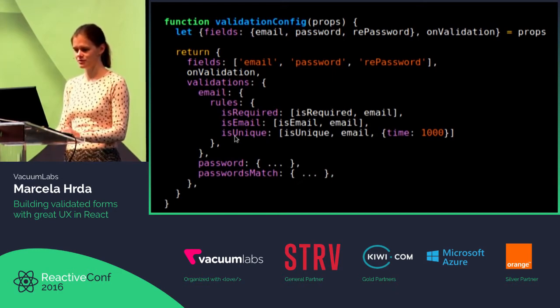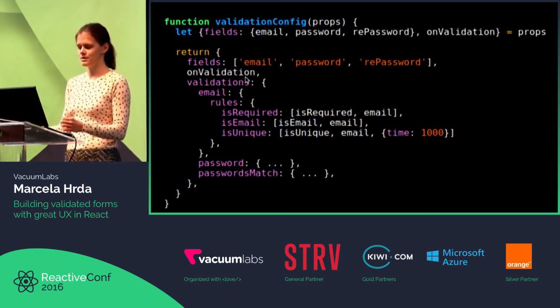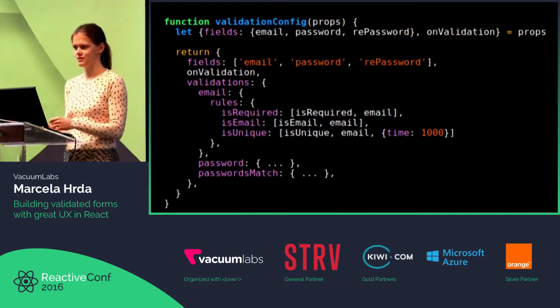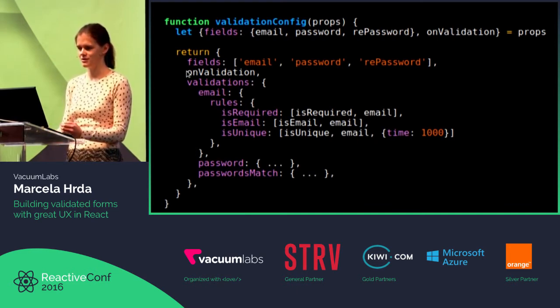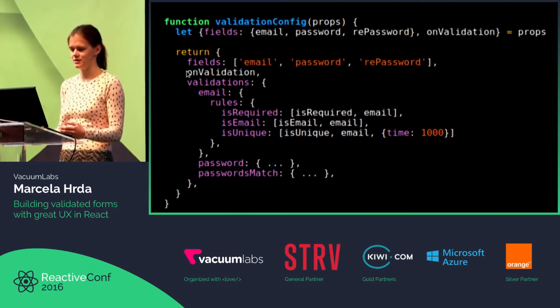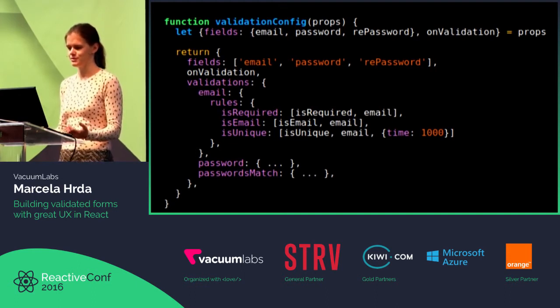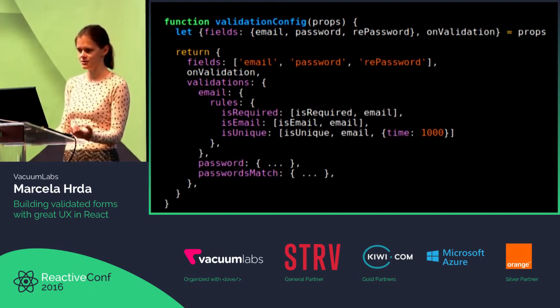Apart from these rules, you may or may not provide this on-validation handler. It is called whenever there is some new data. For example, if the validation library needs to tell you that you should show that email validation, or that the password isn't strong enough, or something like this, this on-validation handler is called, and you are told this new data, and you are in charge of saving this data to your app state, or dispatching it, or doing whatever you want according to what your architecture is.